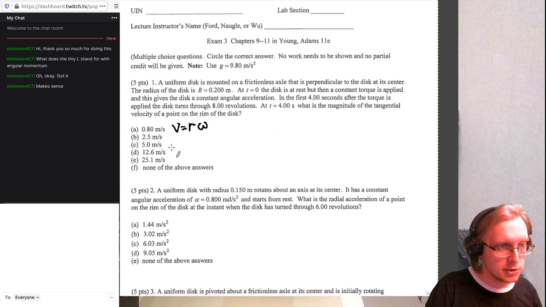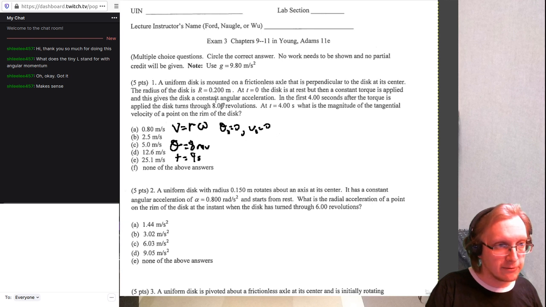We go through 8 revolutions. We know that theta is equal to 8 revs, and t is equal to 4 seconds. Theta naught equals 0. Omega naught equals 0.